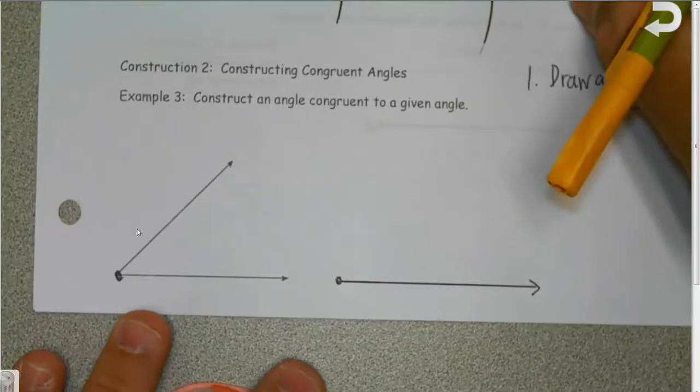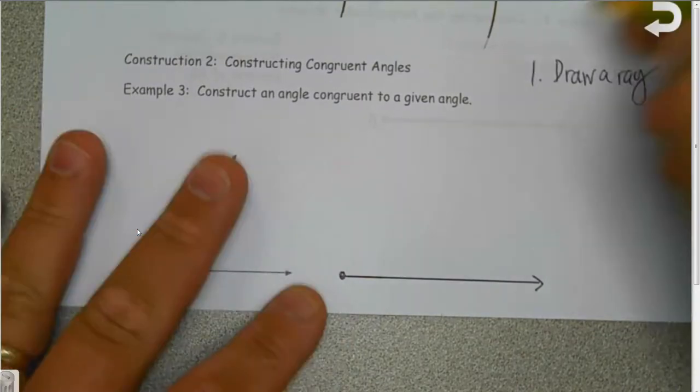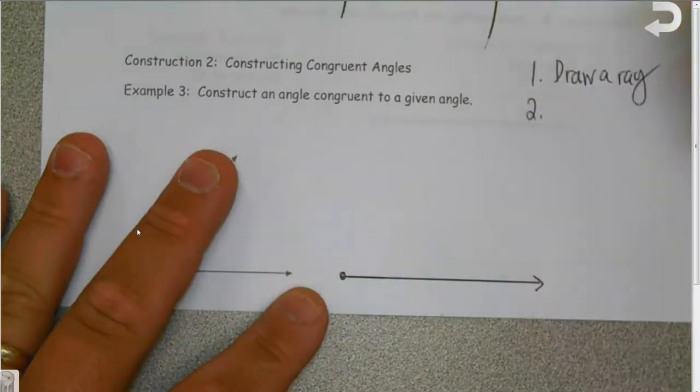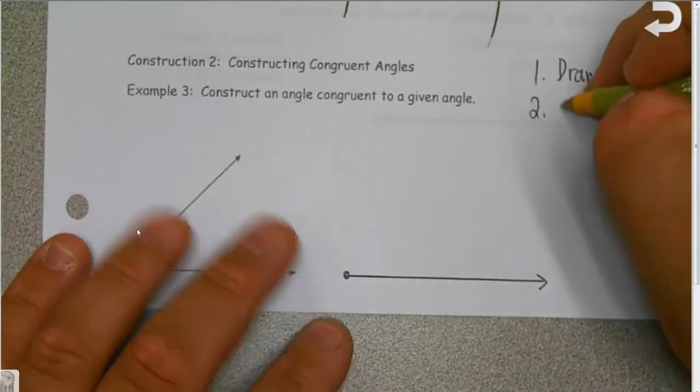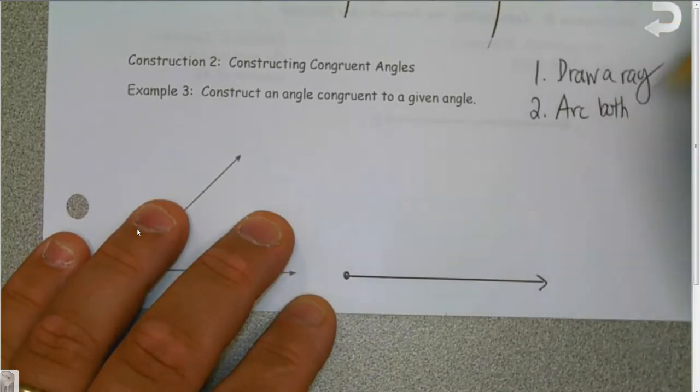So you can see that my original angle has a vertex and my copied angle has a vertex and a ray. The second thing that you want to do is arc both rays.